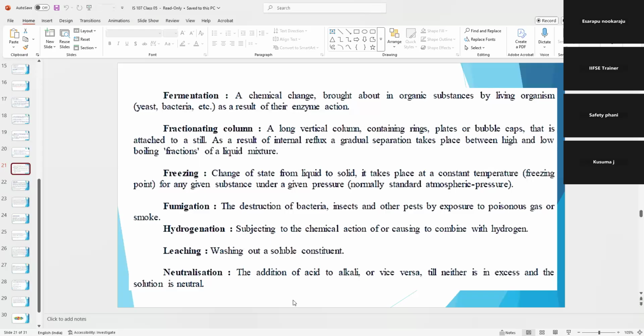Then neutralization, so the addition of acid to alkali or vice versa till neither is in excess and the solution is neutral. It is nothing but neutralizing. We have acids and bases. When you say neutral, water will be the neutral, which means basically you are reducing the concentration of a substance. That is neutralization.